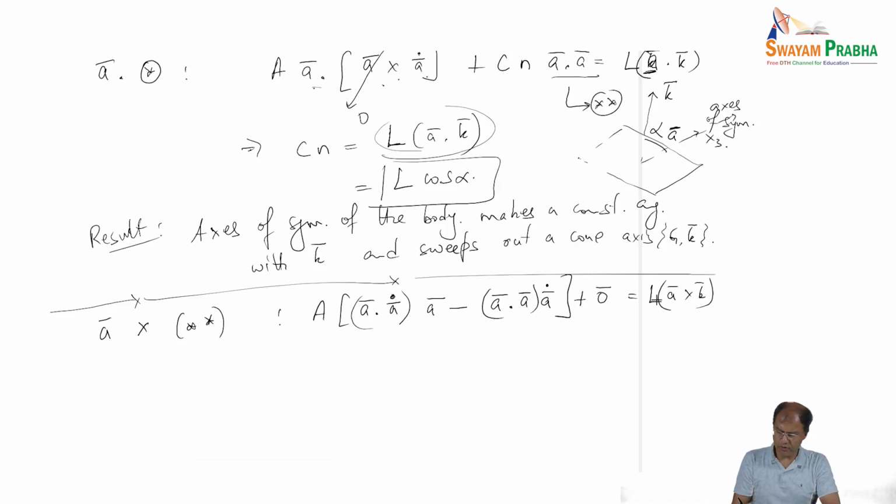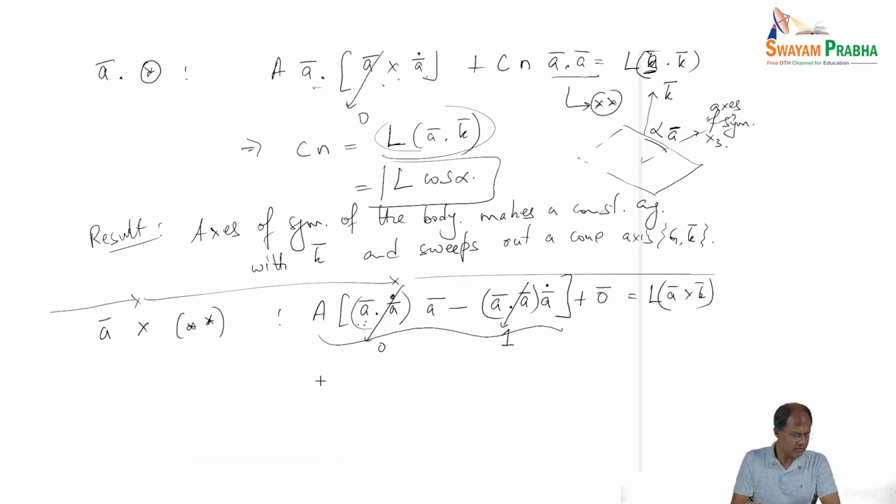Again, we simplify this. We have A dot A is 1, and A dot with A dot is 0, because the velocity of this axis is perpendicular to the orientation of the axis.